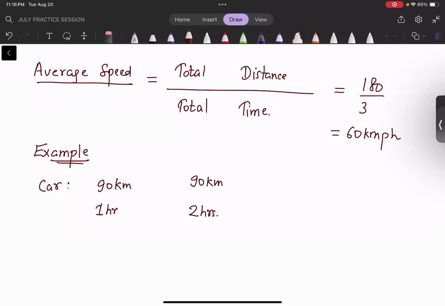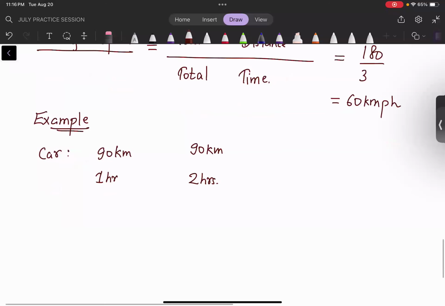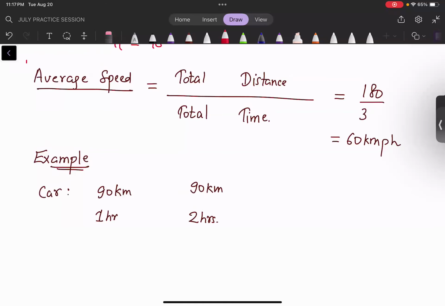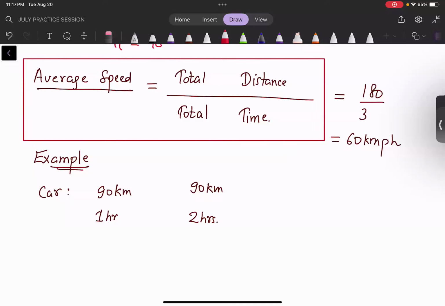This is what I'm trying to say, but don't think the question will be this way. My dear, this is the general formula for average speed. General means it does not have any condition.